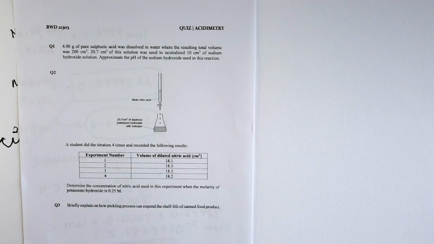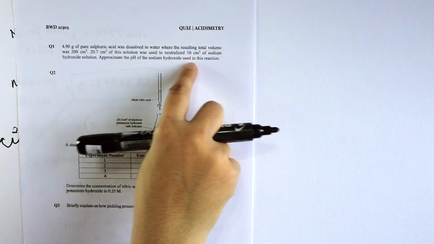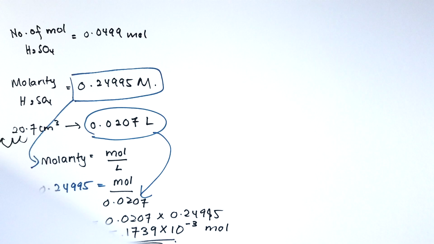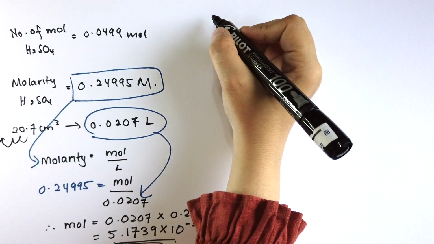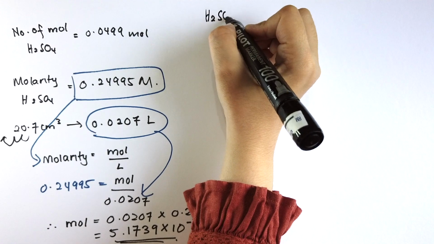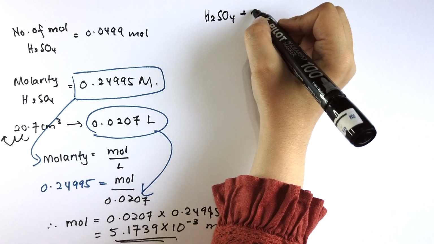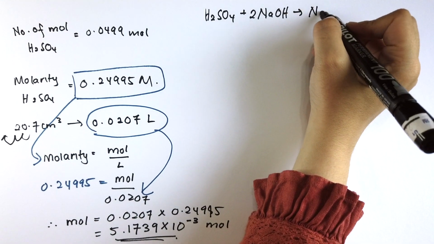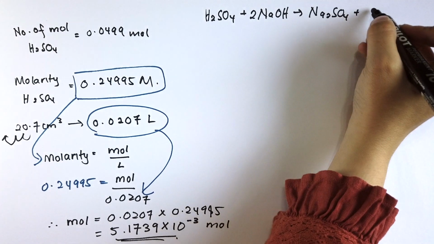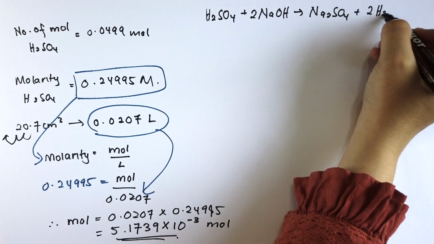Alright, so you have the number of mole already, and then we are going to go back to our chemical equation just now that we have done, because it says that it neutralized 10 centimeter cube of sodium hydroxide. So from here we need to know the ratio. So actually the chemical reaction that we have done just now is H2SO4 plus 2NaOH will produce Na2SO4 plus 2H2O.